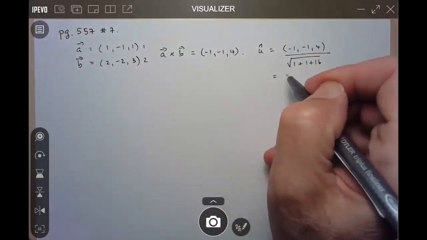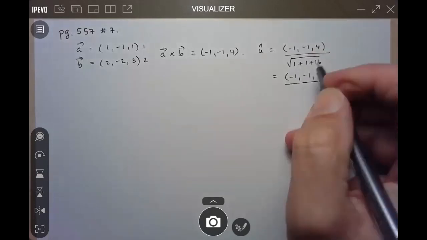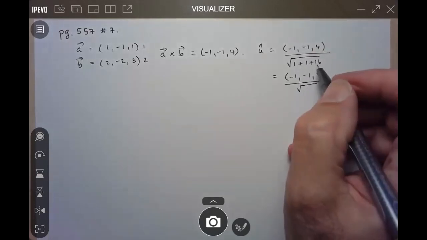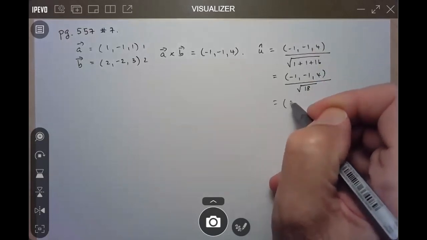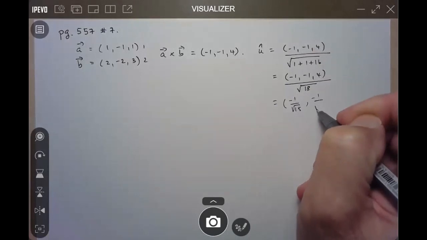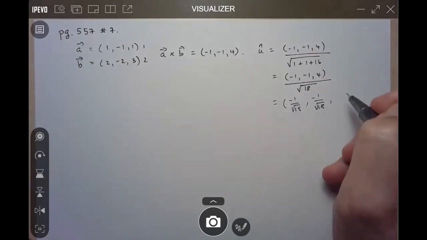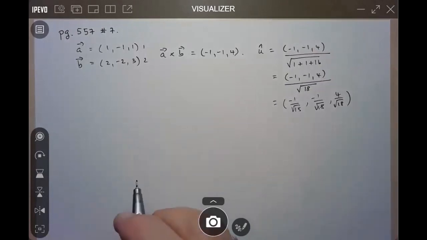So here we have -1, -1, 4 over the square root of 16, 17, 18. Okay, so here we have -1 over root 18, -1 over root 18, and 4 over root 18. Okay, I think it's 0, not 4.